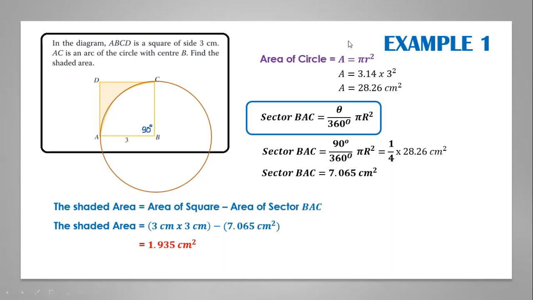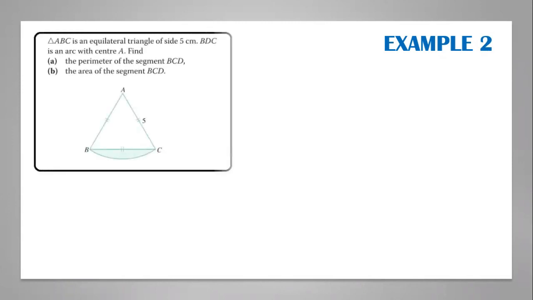Okay, students, we go to the next question. We go to example 2. The question is, triangle ABC is an equilateral triangle of side 5 cm.